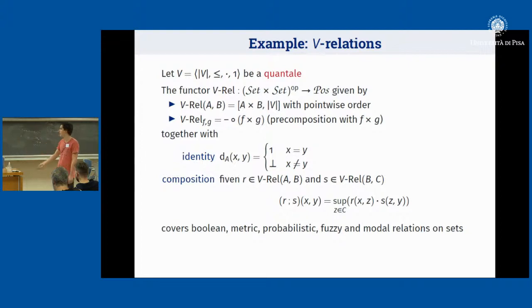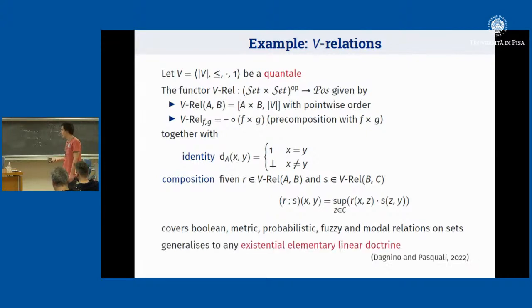So here we have standard relations, metric relations, modal relations, and many others. And actually, this can be generalized to an arbitrary elementary and existential linear doctrine, which is a doctrine modeling a fragment of linear logic enriched with existential quantification and usual equality.